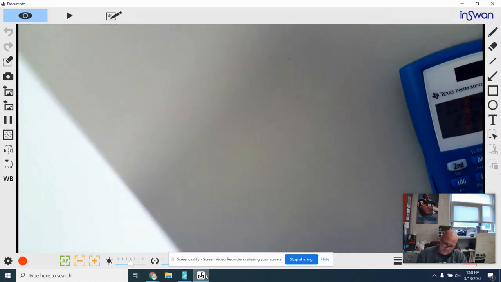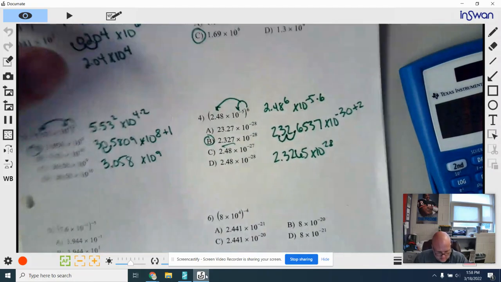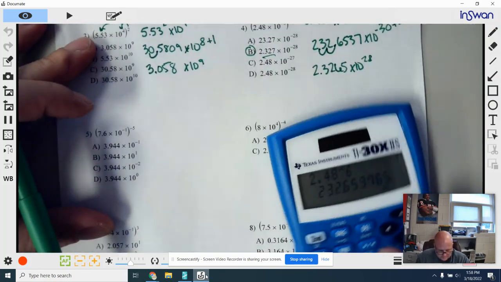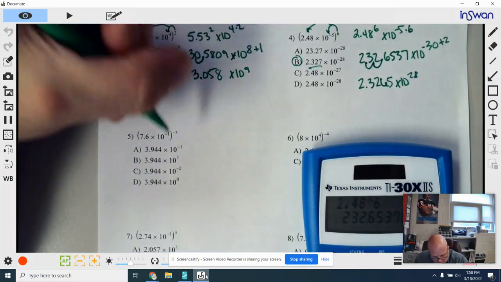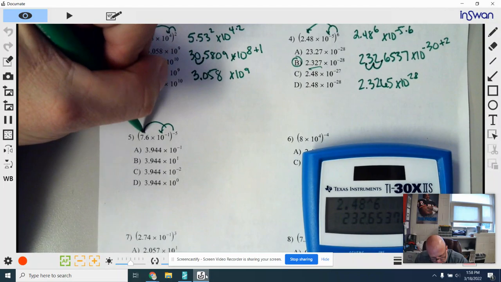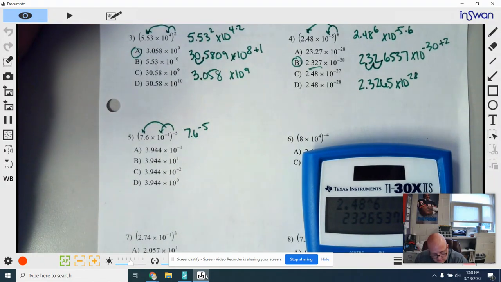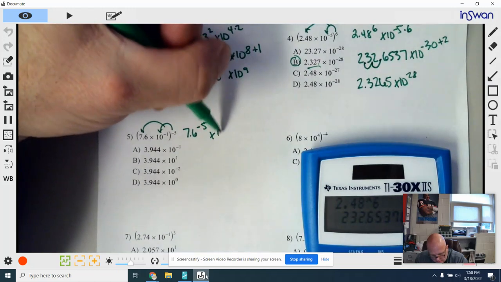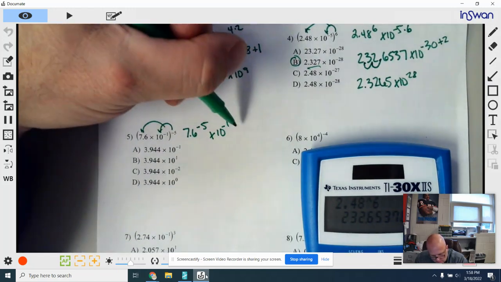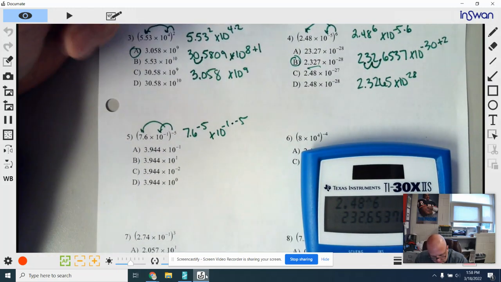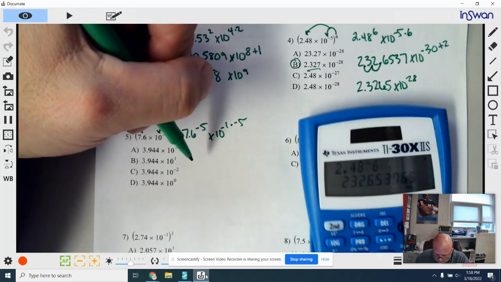All right, let's do number 5. So number 5, take that negative 5 in. So we now have 7.6 to the negative 5th power times 10 to the negative 1st, and then you're multiplying by negative 5 outside. Okay, so 7.6.